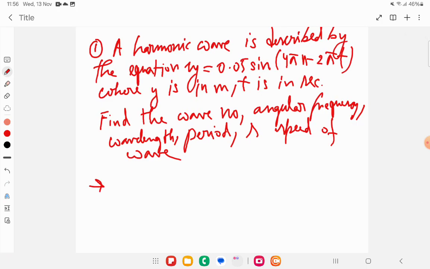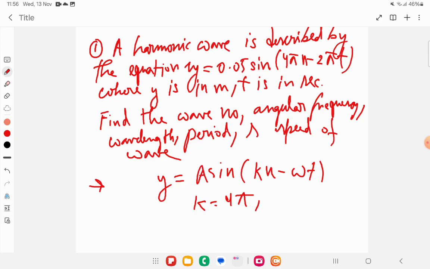Here, comparing this equation with the general equation y is equal to A sin(kx minus omega t), we have k is equal to 4 pi and omega is equal to 2 pi.